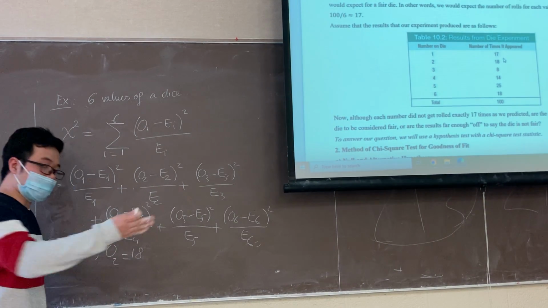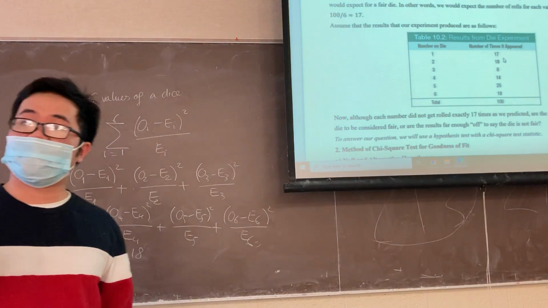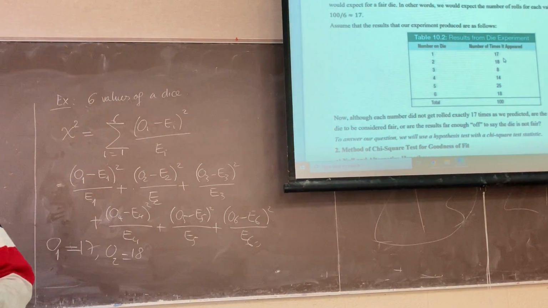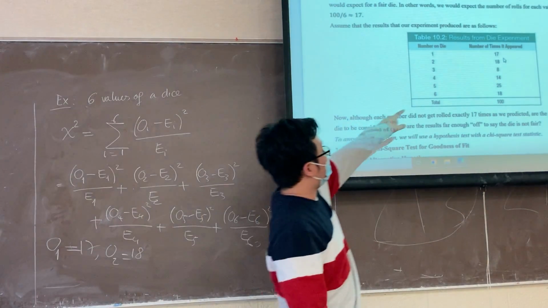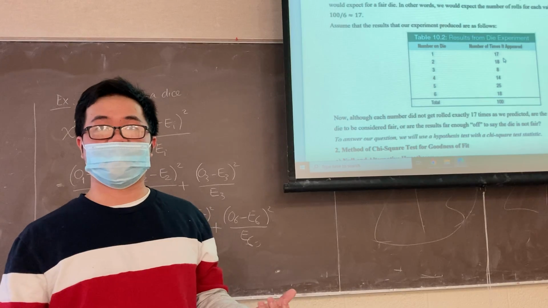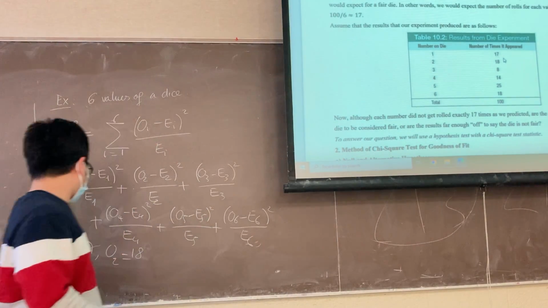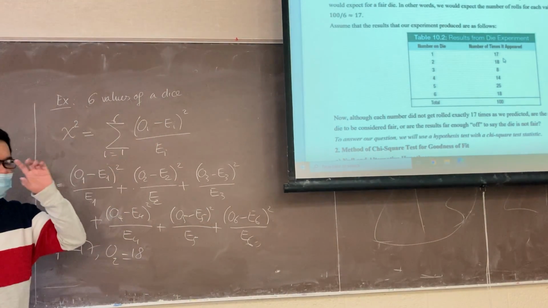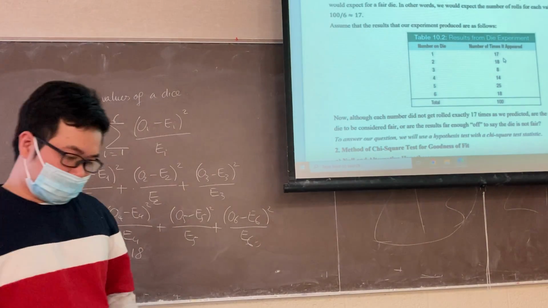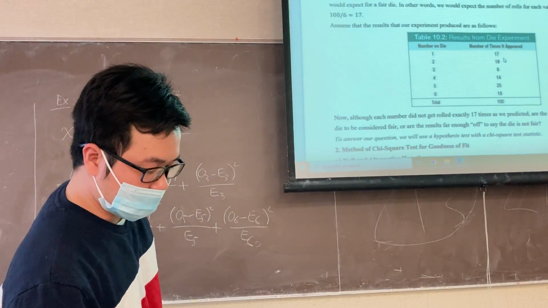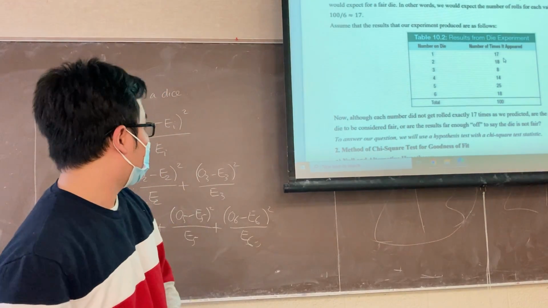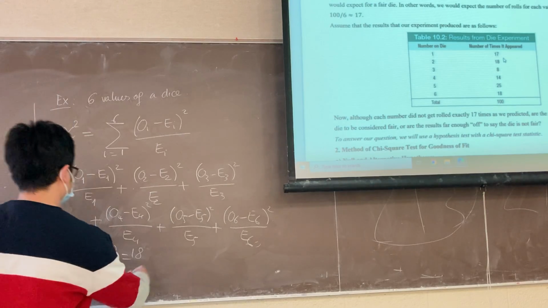So similarly, you can find the observed frequency for the value 3, the value 4, the value 5, and 6. Then you can determine what O1, O2, O3, O4, O5, O6 are in this case. Any questions so far? Okay, that's the observed frequency.